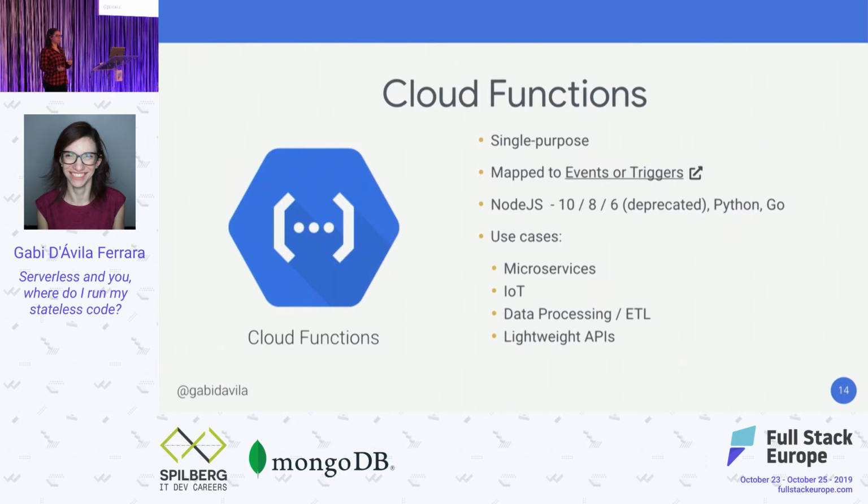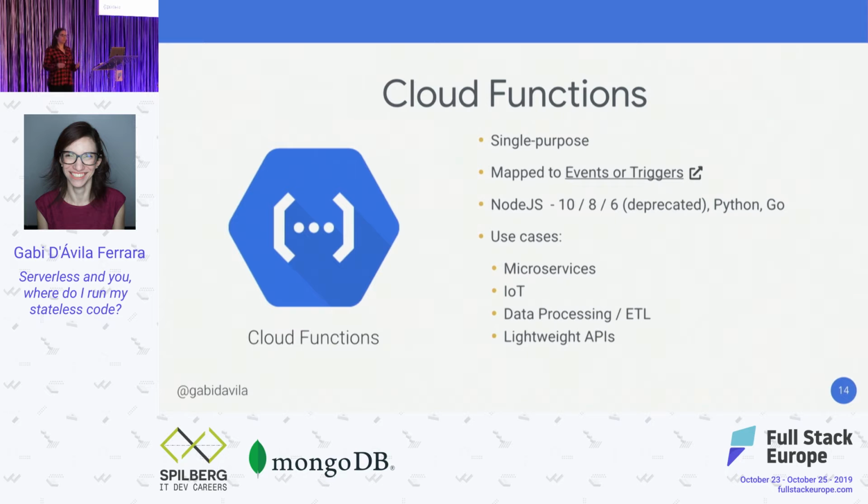Events in this case could be, oh, I uploaded a file to a bucket, and every time I upload a file to this bucket, I want this function to be executed. Or I have a pub sub, which is our queuing system, and every time an event comes on pub sub, I want it to trigger this function.